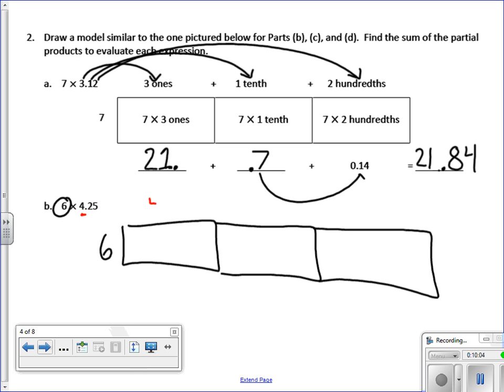So we're going to have 4 ones, which is 6 times 4 ones. Next, we're going to have a 2 in the tenths place. So that is 6 times 2 tenths. And the last one is that 5 in the hundredths. So we're going to have 6 times 5 hundredths.